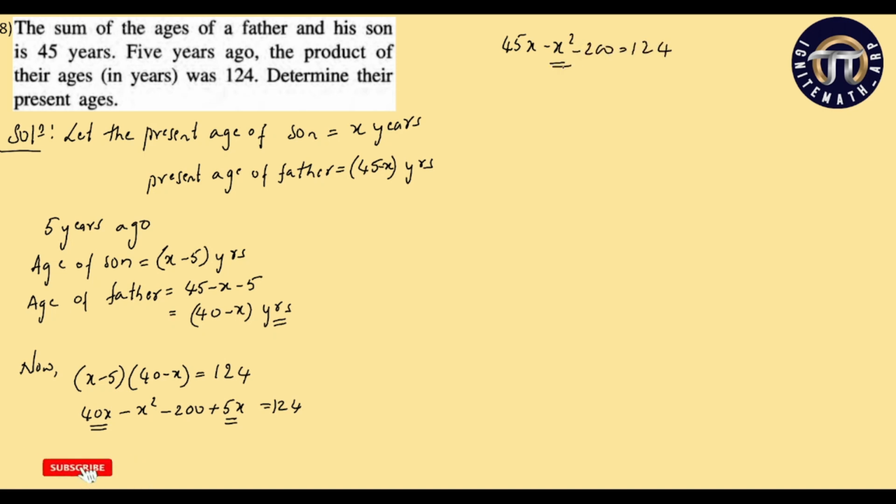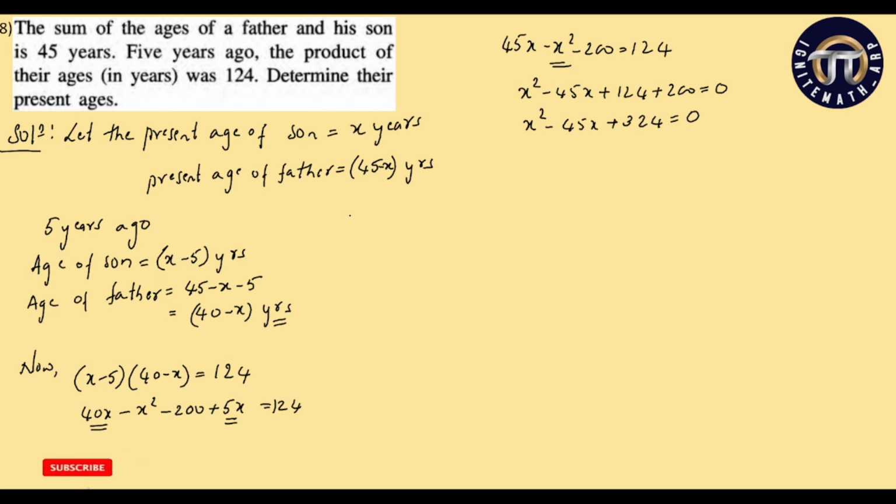So x square has a minus sign. I will take everything to the other side and change the sign, no issues. So x square minus 45x plus 124 plus 200 is equal to 0. So x square minus 45x plus 324 is equal to 0.